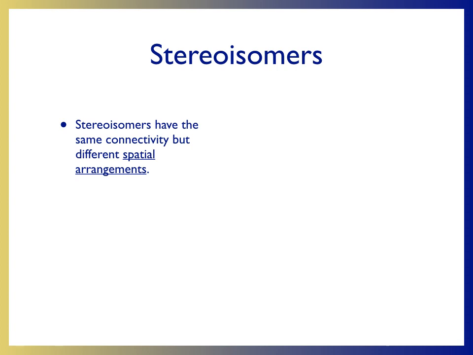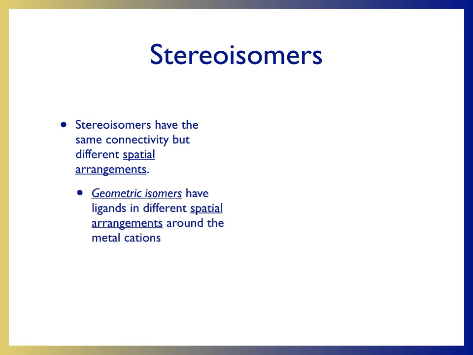There are two main types of stereoisomers that are observed in transition metal complexes. The first type are geometric isomers, which simply are isomers in which the ligands have different spatial arrangements around the metal cation. We're going to look at two examples of geometric isomers. The first example are cis and trans isomers.